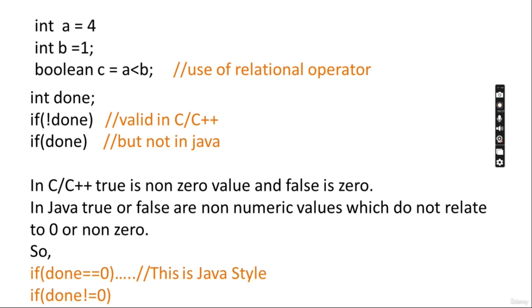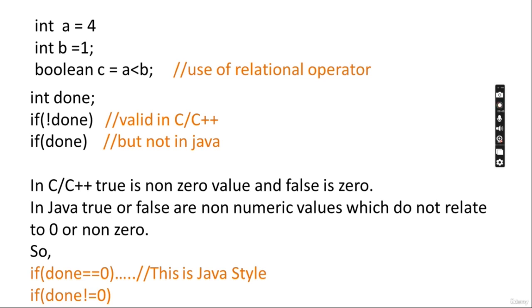In Java, true or false are non-numeric values which do not relate to 0 or non-zero. So there is no relationship between 0 and false or non-zero and true in Java. So if done is equal to 0, it is valid in Java, and done is not equal to 0 is also valid in Java.